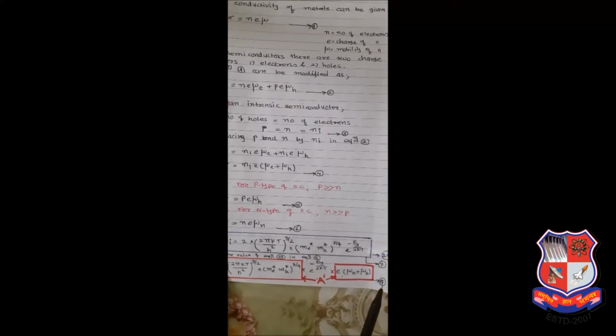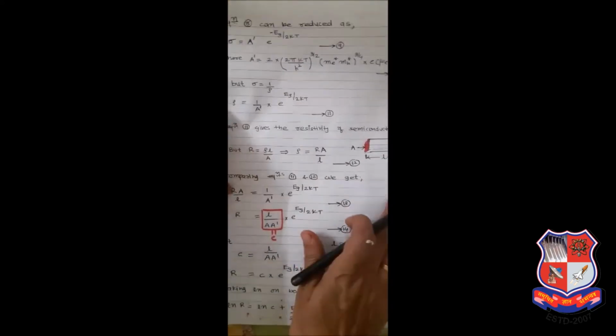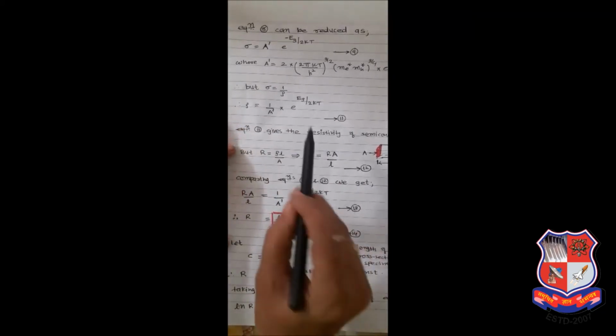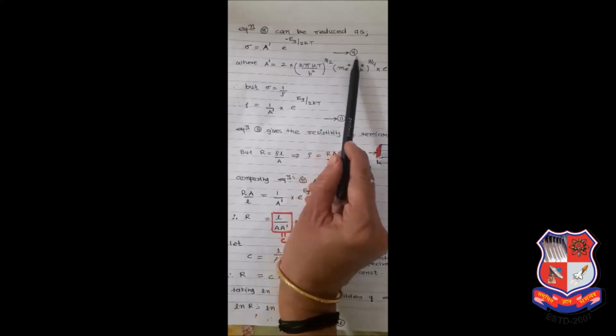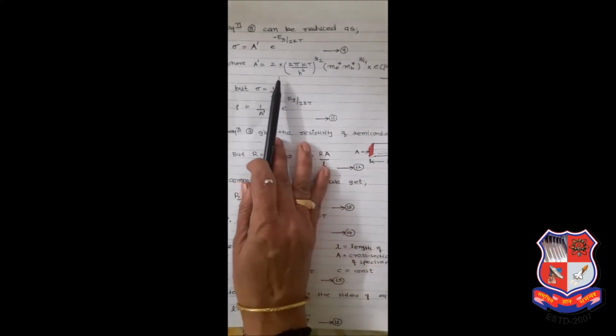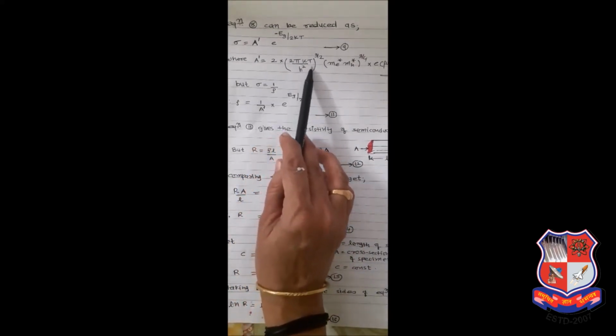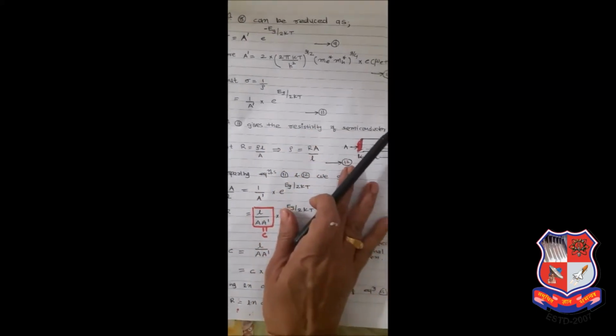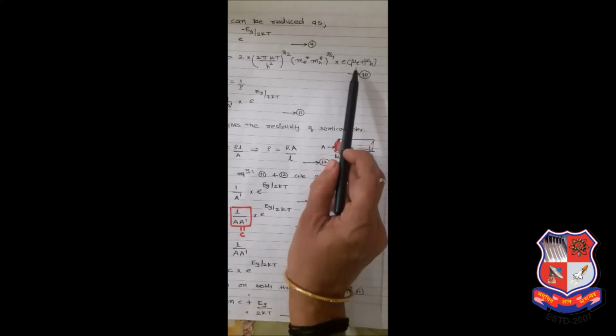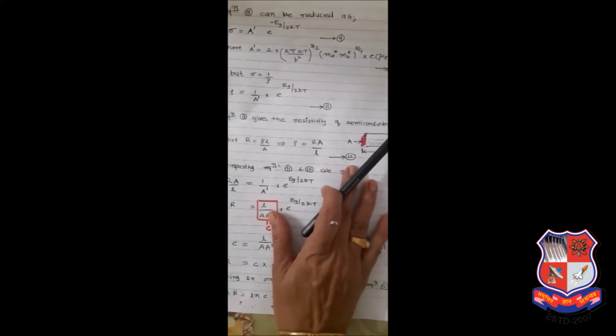So our equation number 8 can be reduced as sigma is equal to A dash e raised to minus Eg by 2kT. Let this be equation number 9, where A dash is 2 into (2 pi kT upon h square) raised to 3 by 2, (me star mh star) raised to 3 by 4, into e (mu e plus mu h).